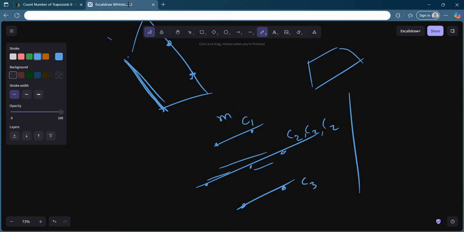So in the map, what we will store is, for this particular slope, a vector of intercepts: c1, c2, c3. That is how we will keep track, and if something has a different slope m dash, it will have different intercepts also. So when we are iterating, we can just iterate through this map and individually calculate for each slope.